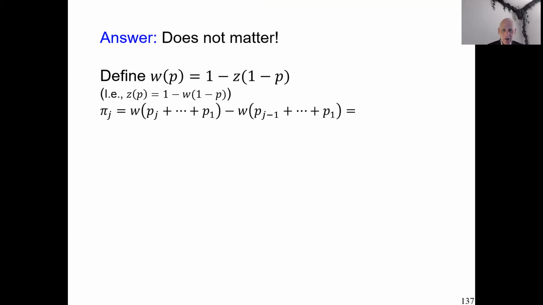in terms of Z. First, here I do the rewriting, and I hope that you see that this probability is 1 minus that probability. So indeed, this value is equal to that value, and this probability is 1 minus that probability.